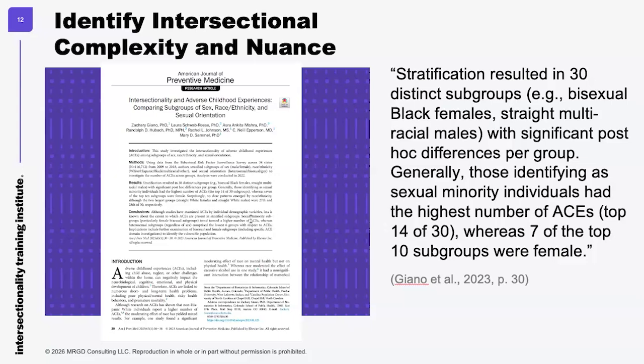When we looked at the ACEs in Giano's paper before, the cross classification method identified the top 14 of the 30 groups that were really important to understanding adverse childhood experiences, right? And that is an identification, which aligns with descriptive intersectionality. And then Giano did a beautiful job of tying this back to trying to understand systems of power, as we saw in the last session.